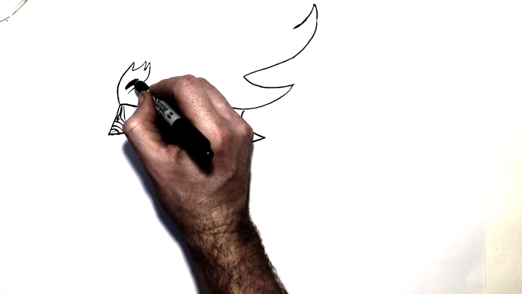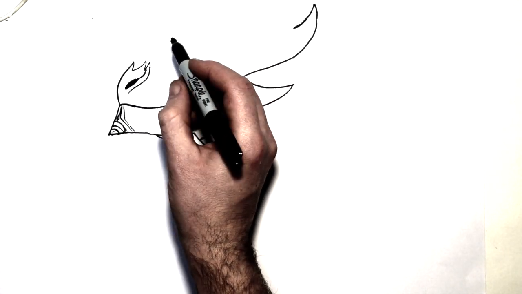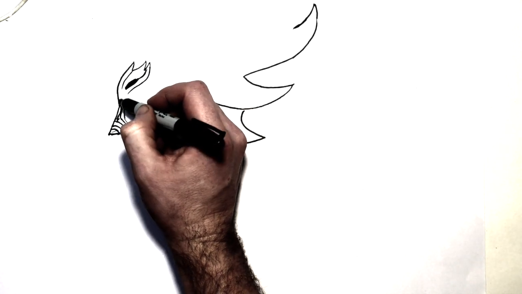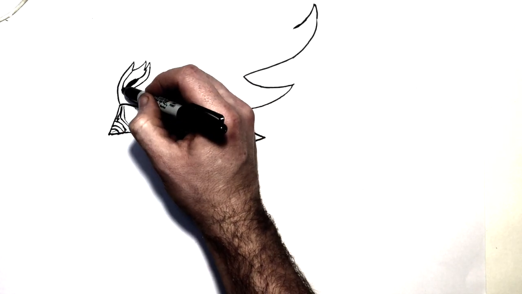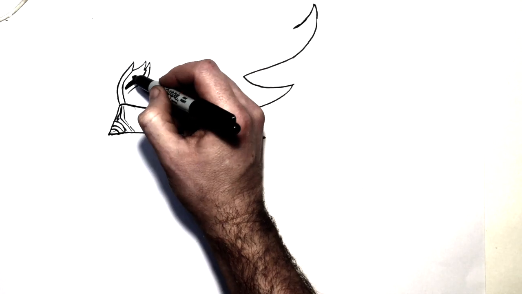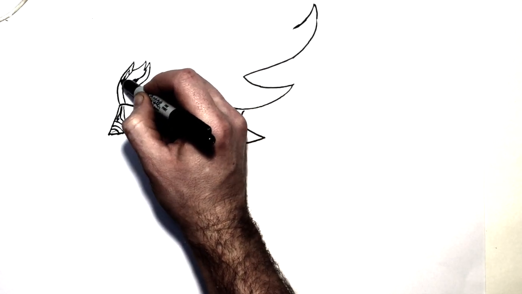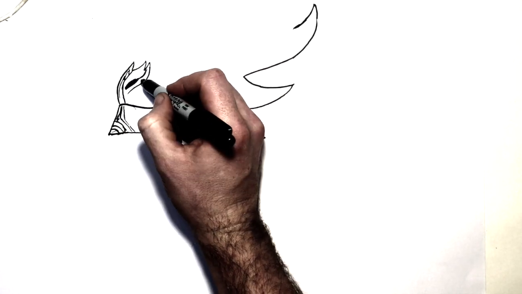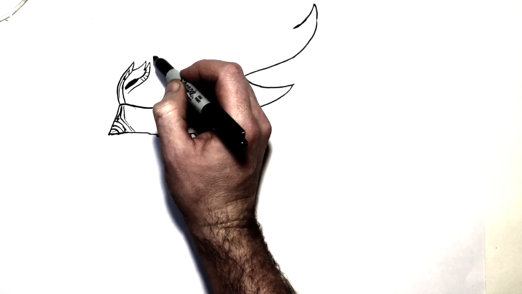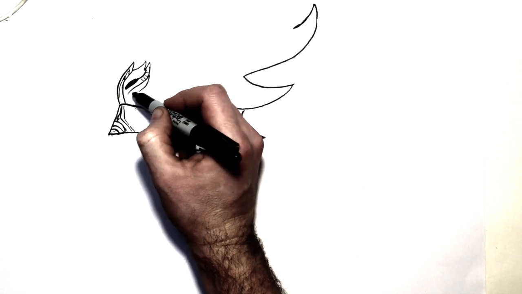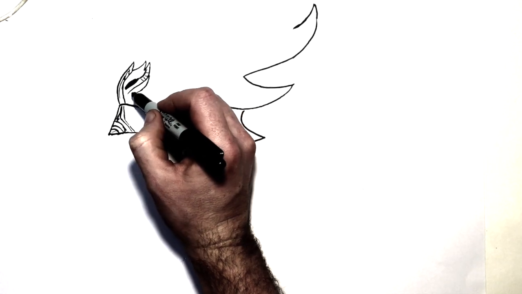Color that in black and maybe add some lines just around that to show some more of those bumps and things that dragons generally have on their skin. Just little scale lines go around that nose.